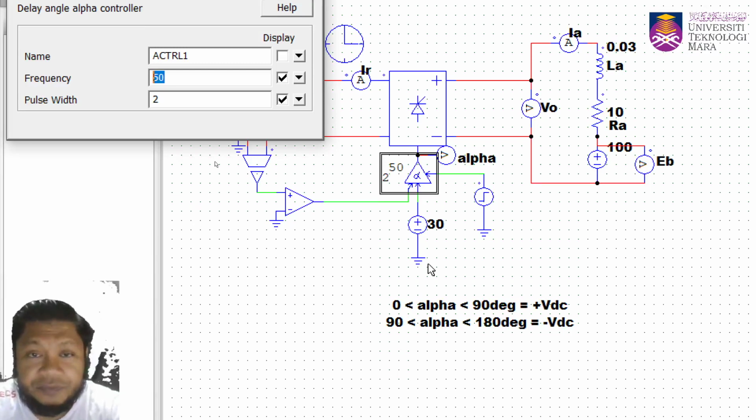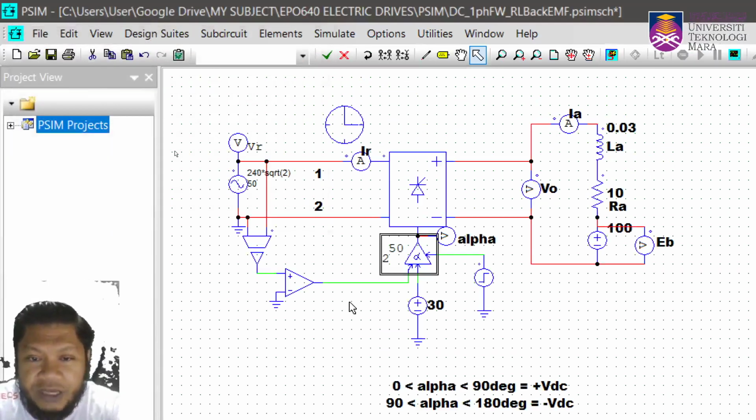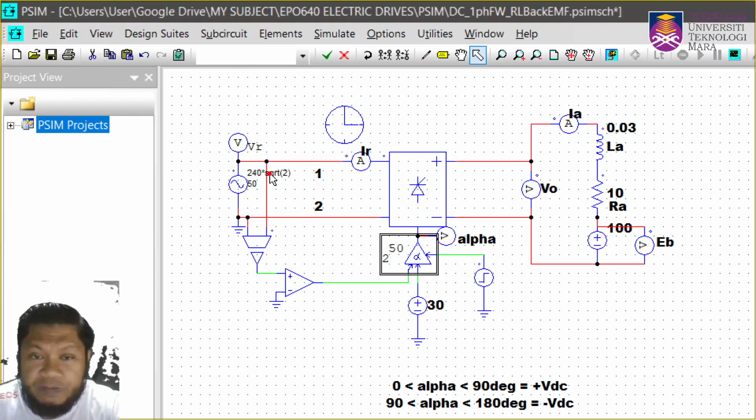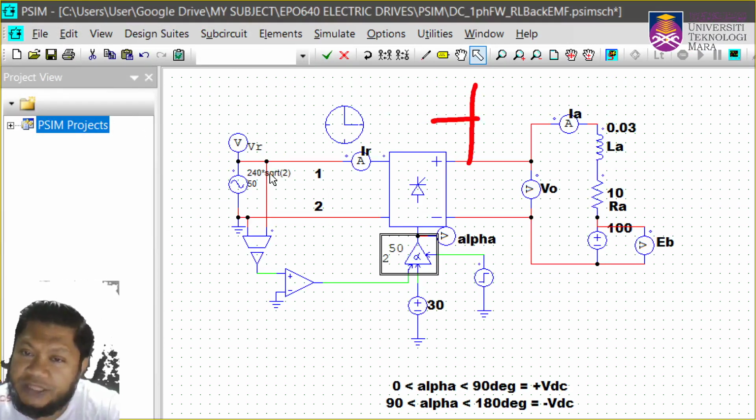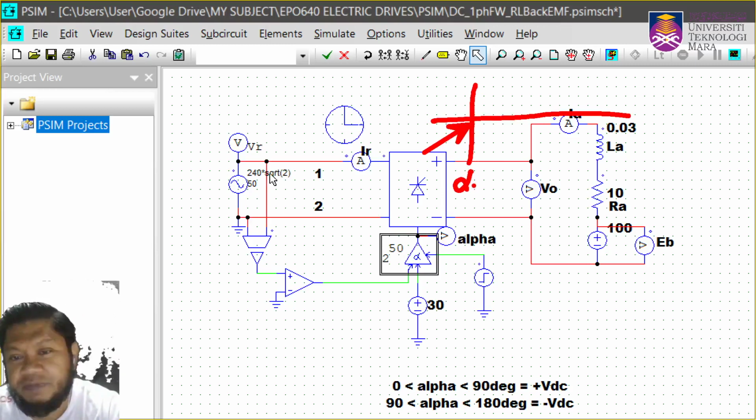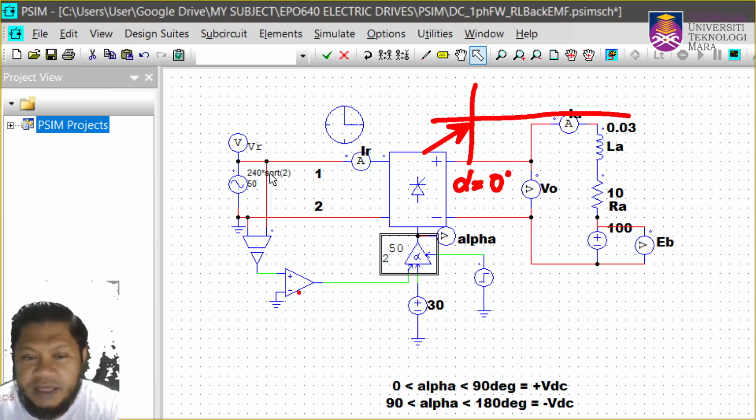And then let me show again, what do we have here? This is actually to detect where the zero crossing is, because this will be the reference of where alpha equals 0, isn't it? Yes, so you need to tell the alpha controller here where alpha equals 0.